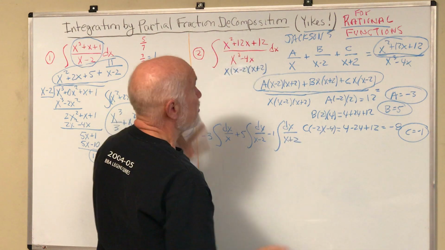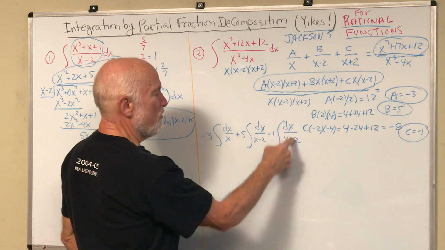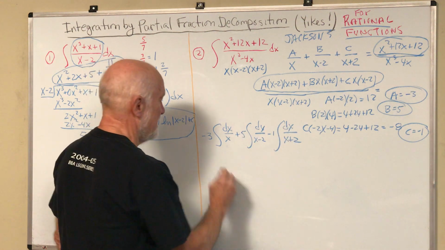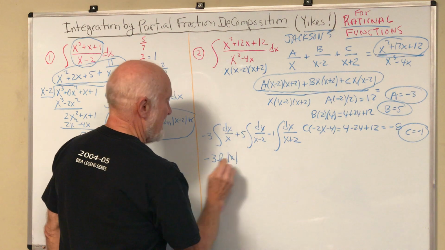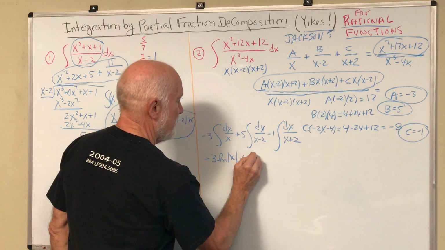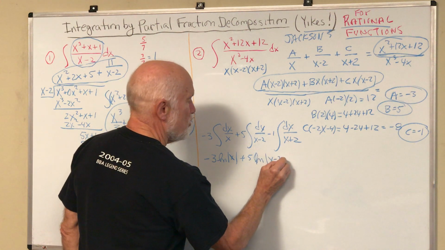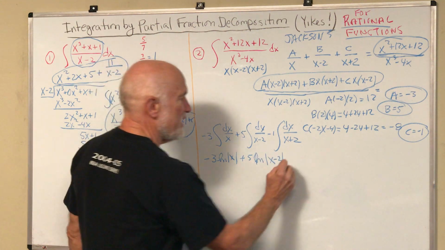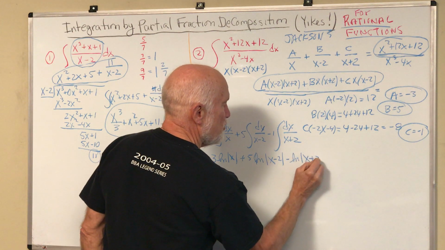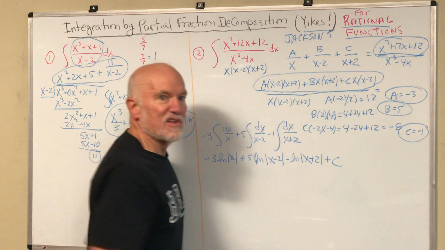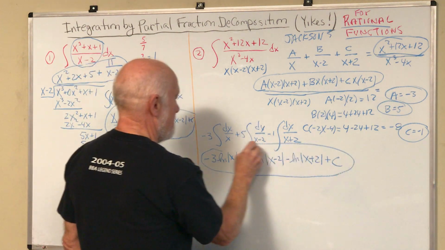So we have three integrals to do, but they're all in the form of du over u, exactly. So 5 du over u is 5 times the natural log of x minus 2, and then the last one, minus the natural log of x plus 2, plus c. And we've got an answer.